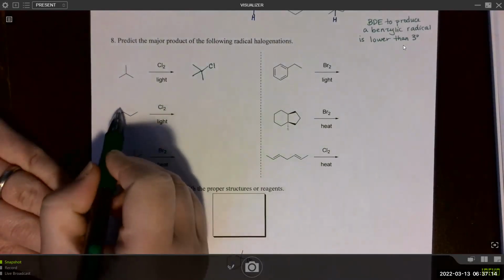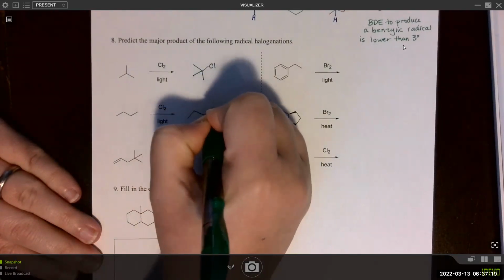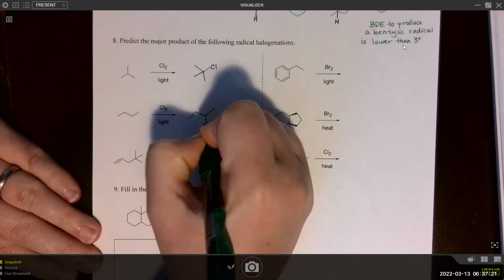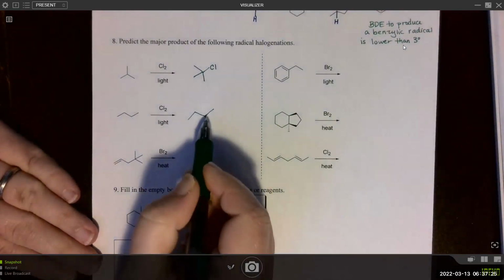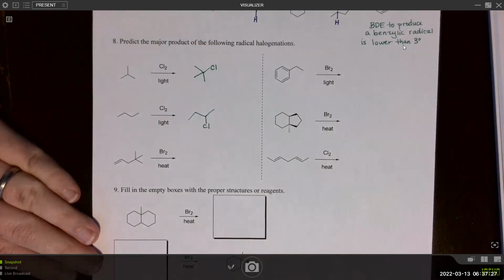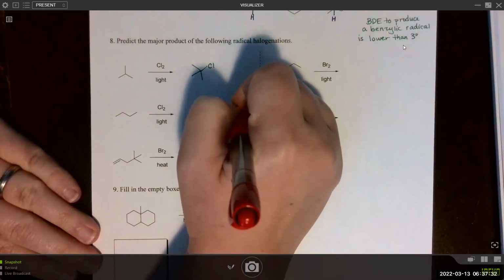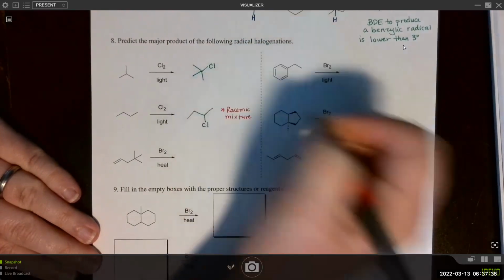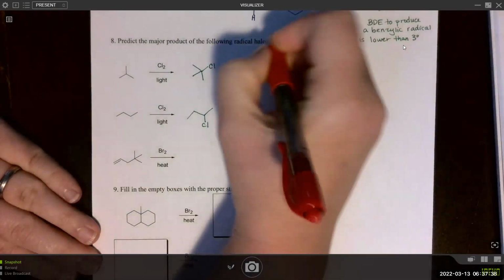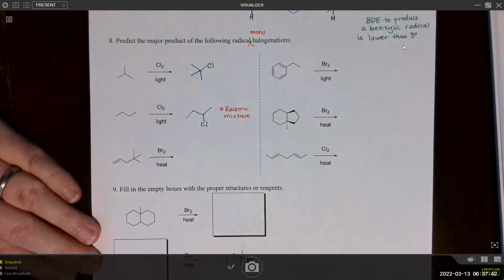Here we have only primary and secondary positions. So we'll just put it at one of the two secondary positions. And note that this is a racemic mixture. Make a little note. And I'm assuming, even though I didn't write it, I'm trying to get you to do monohalogenation.